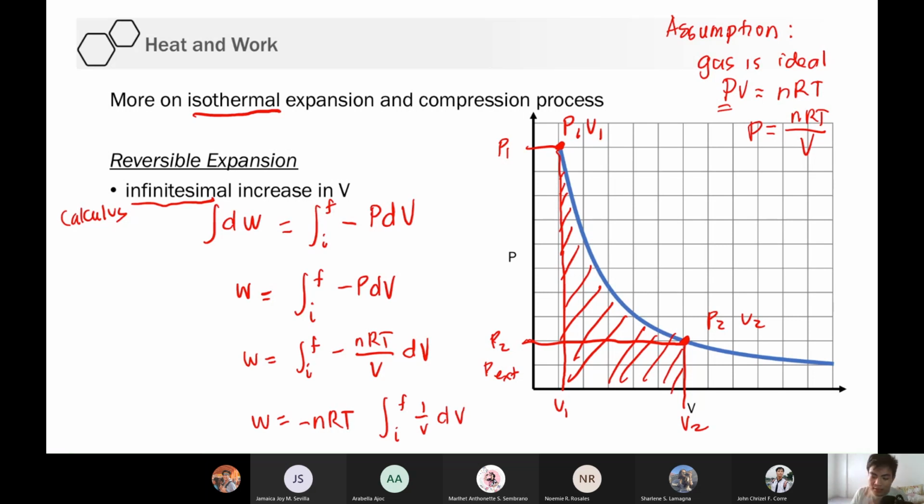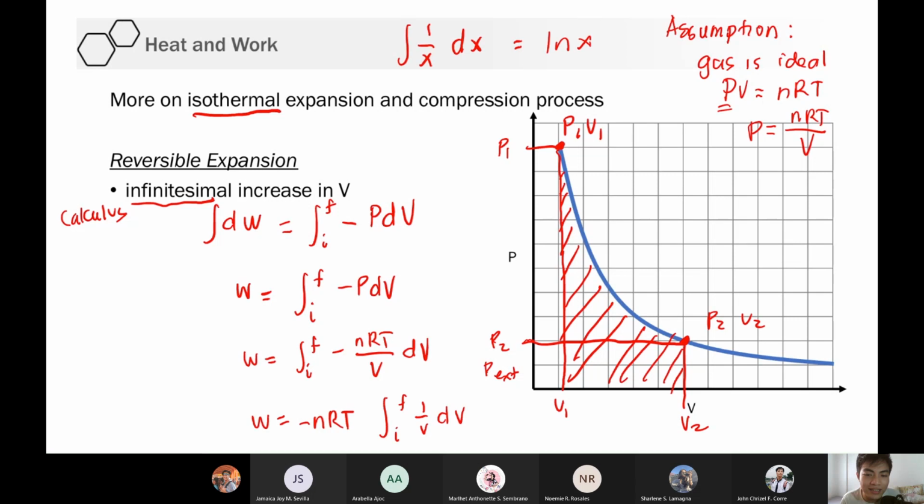Now, what is the integral of 1 over x dx? Ako nag-advance reading na kayo sa calculus. Kung alam nyo to, ano sagot dito? Integral of 1 over x dx. Kung familiar na. Sagot ay ln x yan.